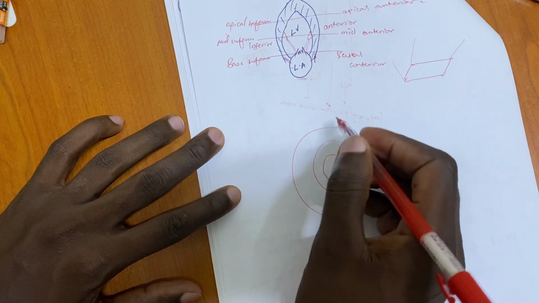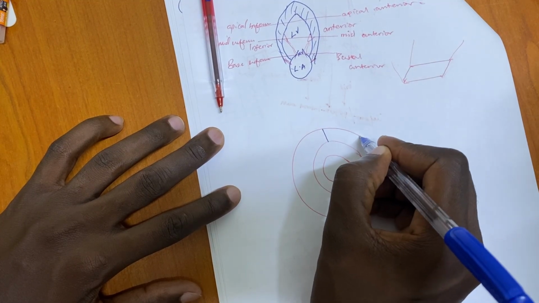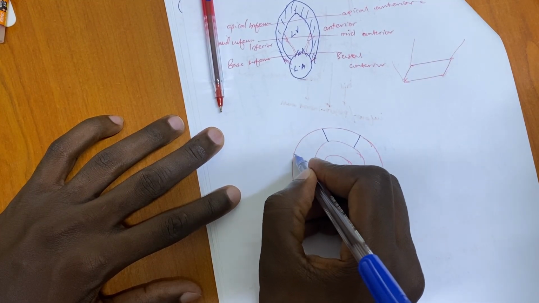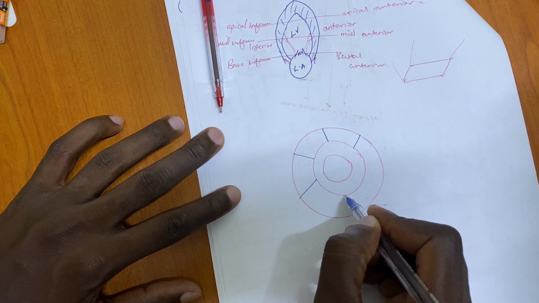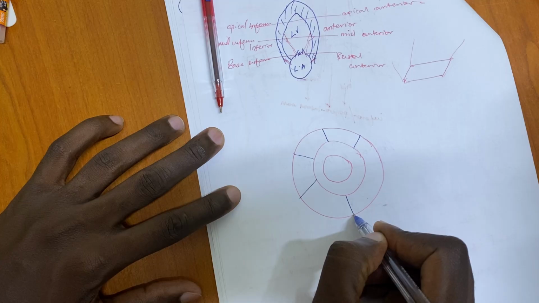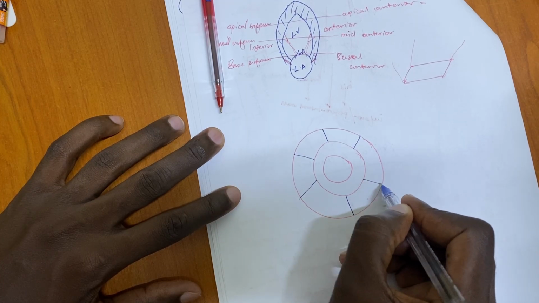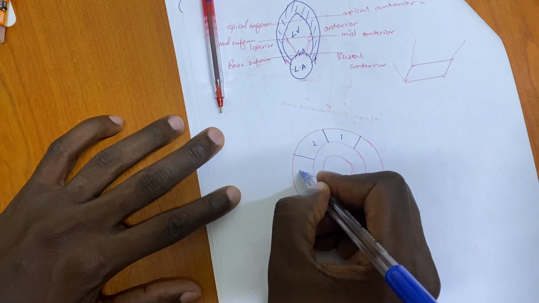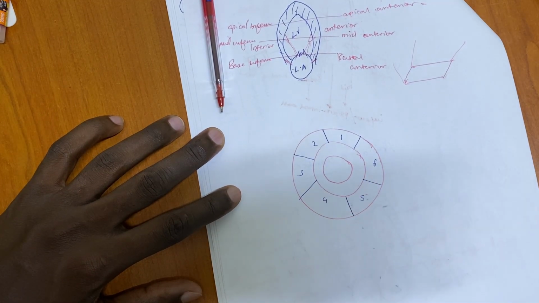We divided into 6. That was anterior septum, inferior septum, inferior, and then here you see 1, 2, 3, 4, 5, and 6.